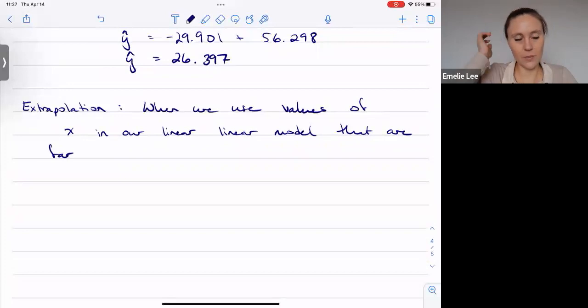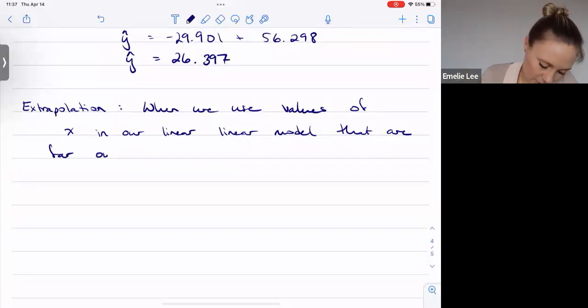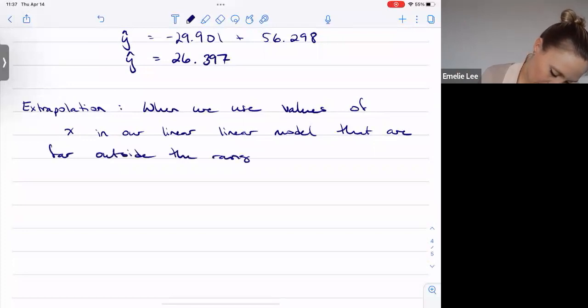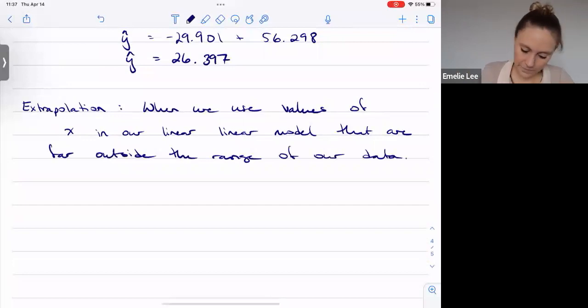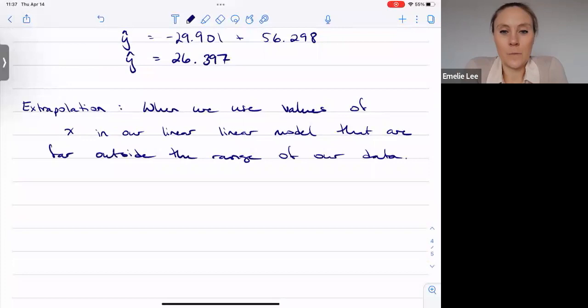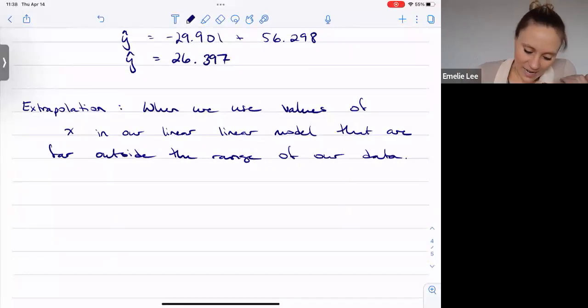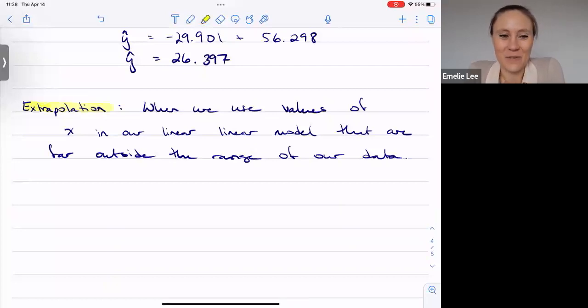So we do have a little bit of wiggle room, but if we move too far away, so far outside the range of our data, okay, so that's extrapolation.